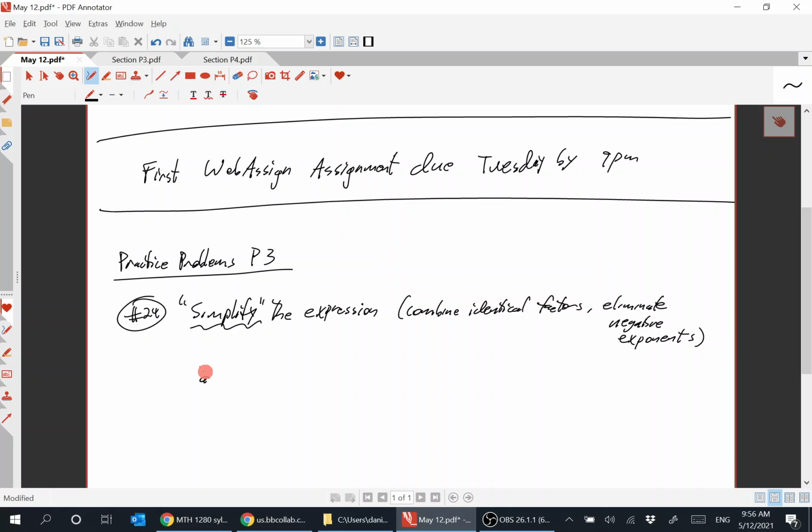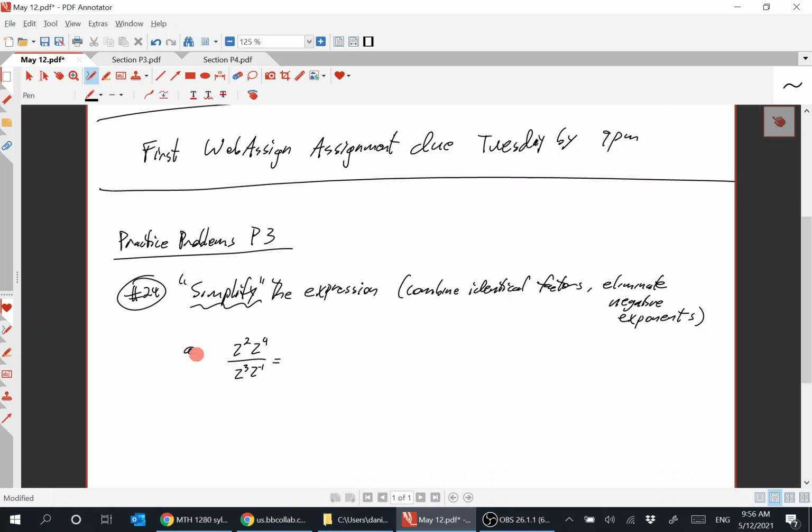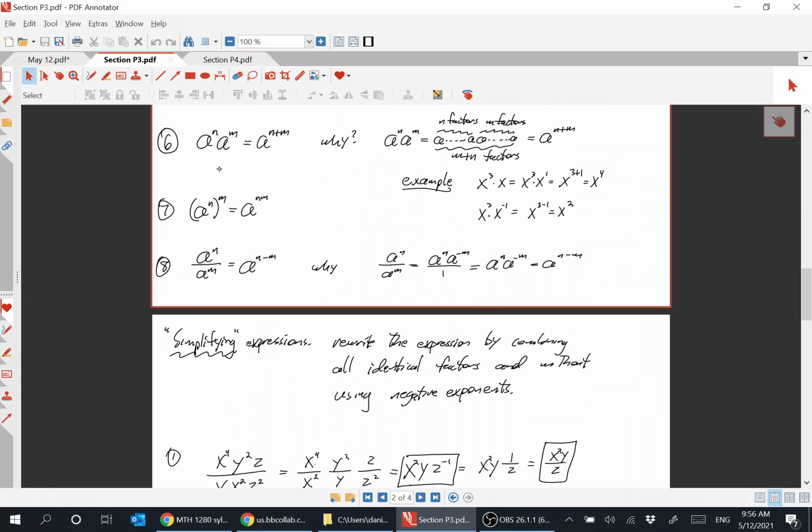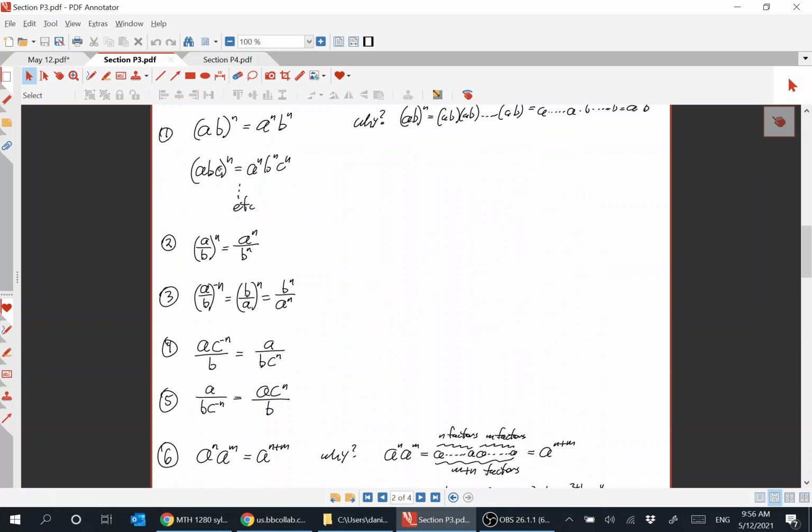So in number 24a, we've got z squared times z to the fourth over z to the third times z to the minus 1. That's the expression. By the way, pay attention to the way I'm writing things, and we'll talk more about that as we go along. Now, remember the algebraic identities we talked about yesterday.